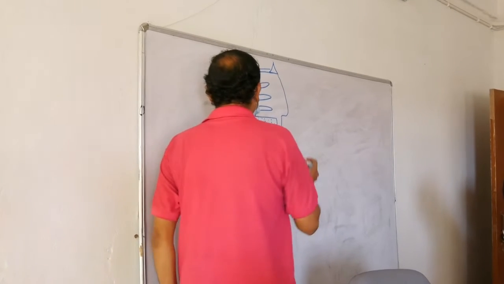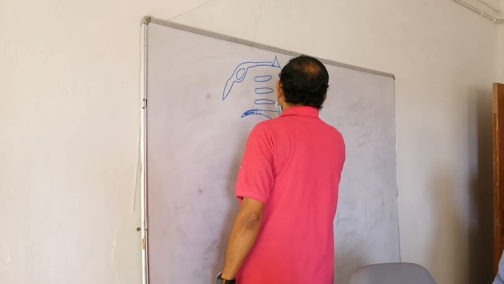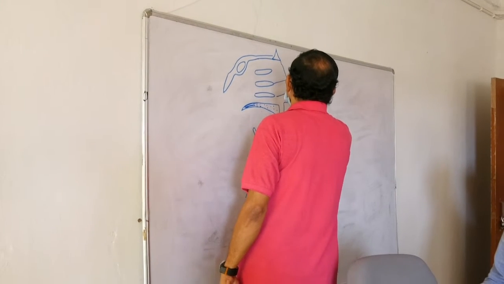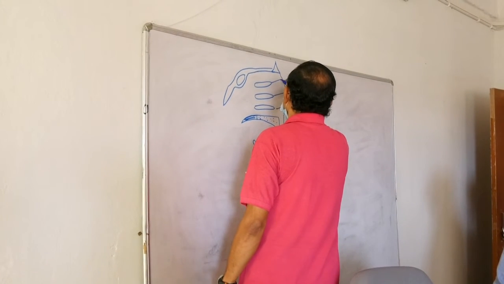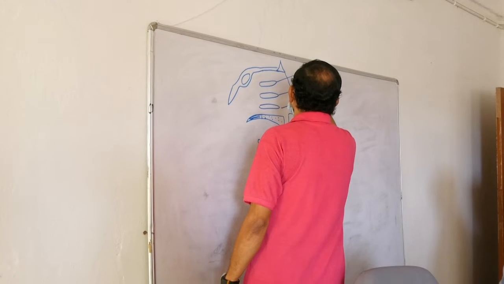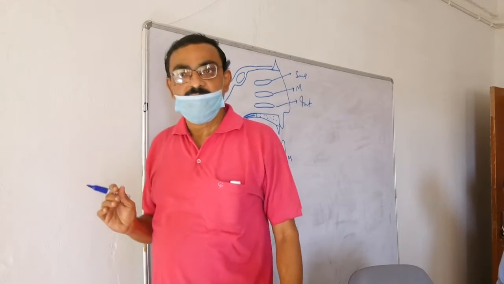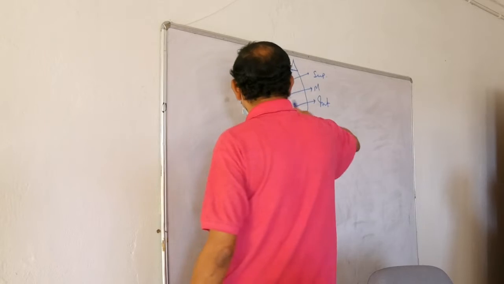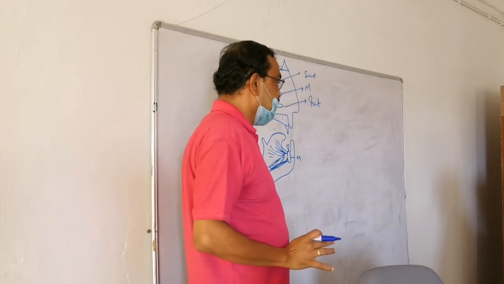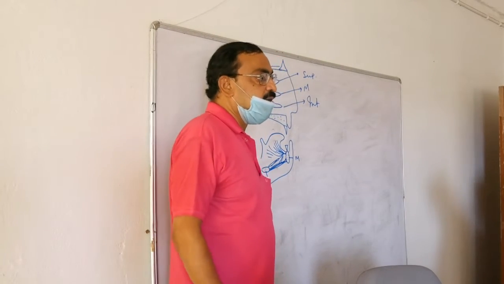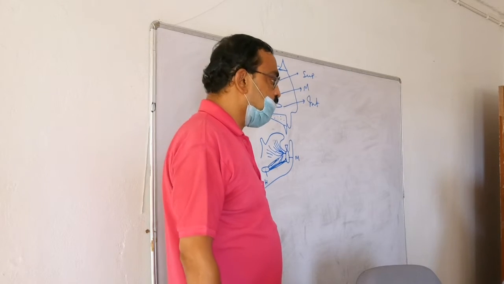So we can find this is the inferior, this is the middle, and this is the superior. Okay, so this forms the lateral boundary, and medially we get a septum. Okay.